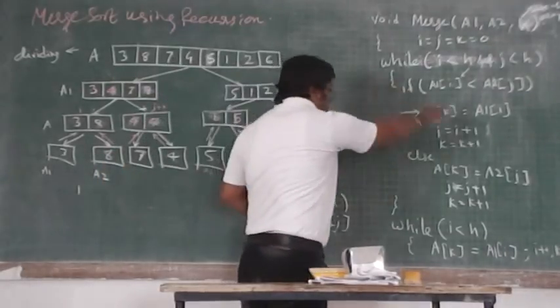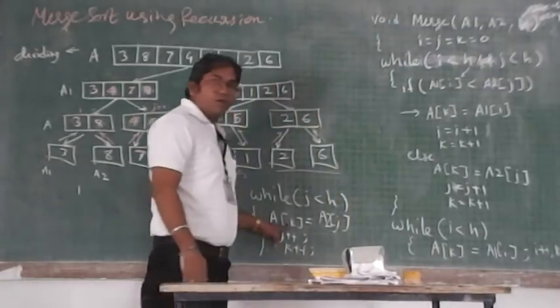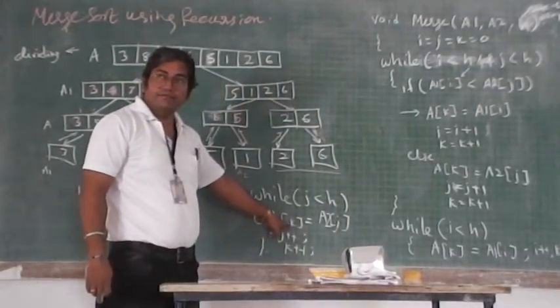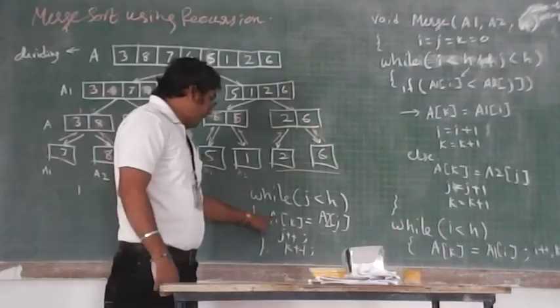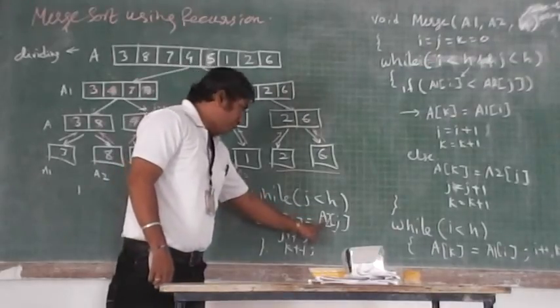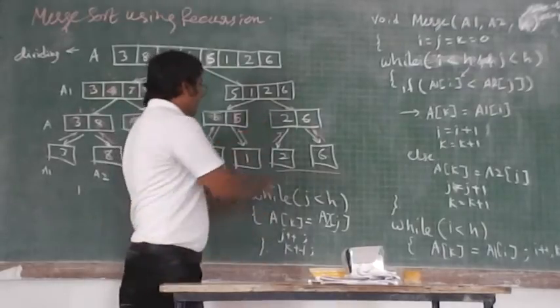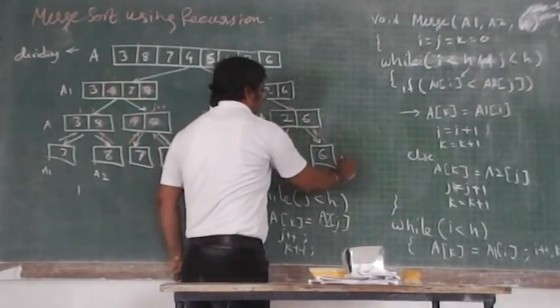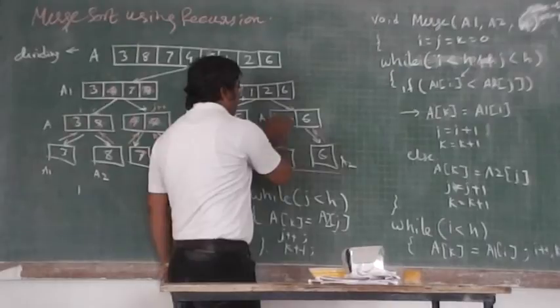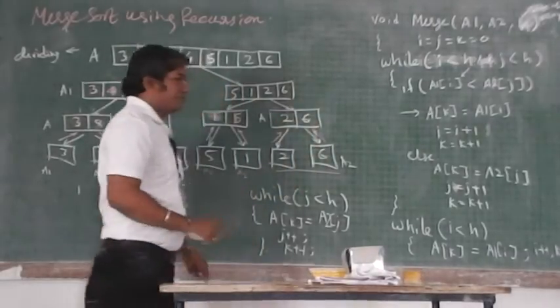इस while loop execute होने के बाद जो k का वैल्यू रहेगा वो यहाँ पे k का वैल्यू क्या रहेगा? 1 रहेगा. So A1 means A2[0] should go to where? A1. So this is A, this is A2. A2[0] should go to where? A1. So 6 comes to here.